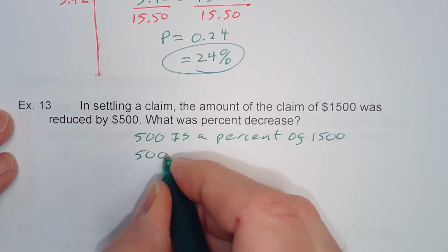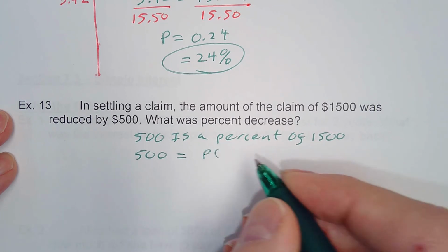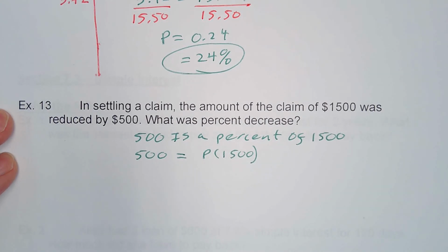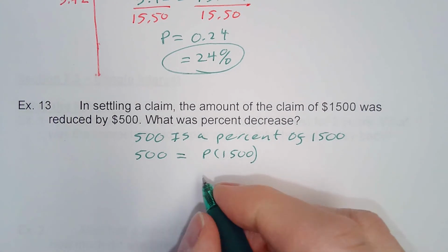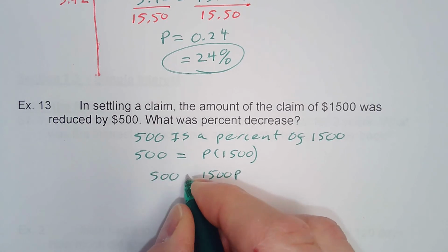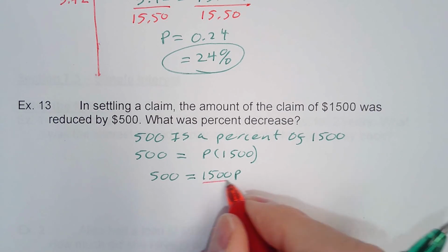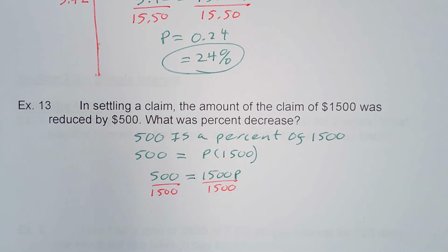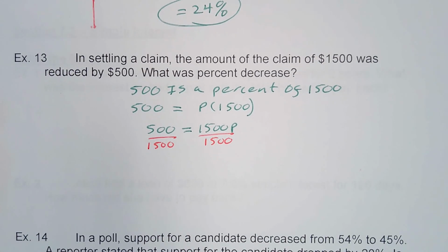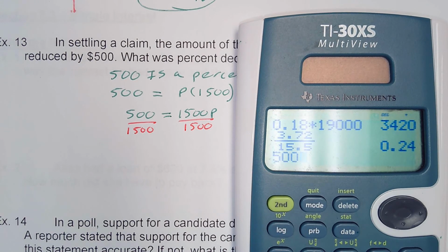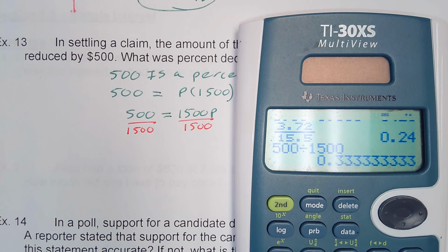So let's write out our equation. So just like in the last one, we're going to divide by the number that's in front of P. So that's 0.333333.